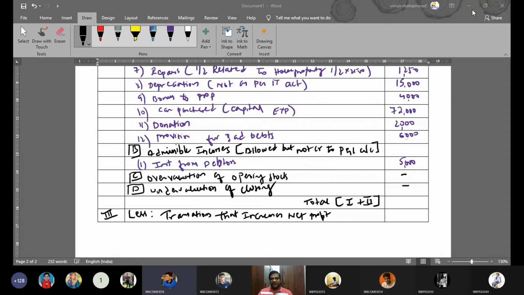Or alternatively, find out the difference between both the amounts, then record only the difference amount. Both will give you the same answer. If you do that, also correct. Alternatively, write both, what is as per IT and what is not as per IT. Still you get the same answer.